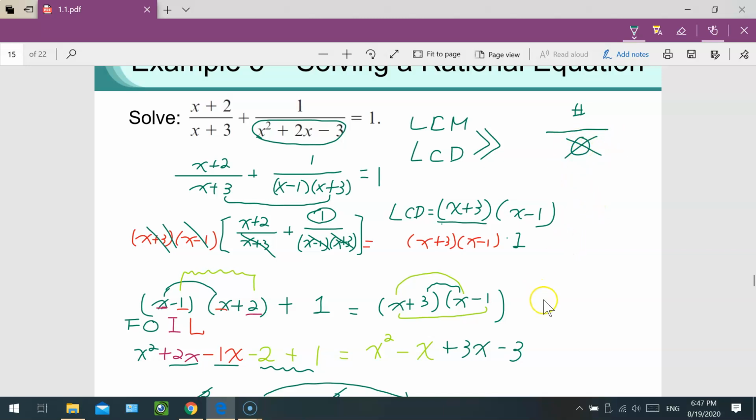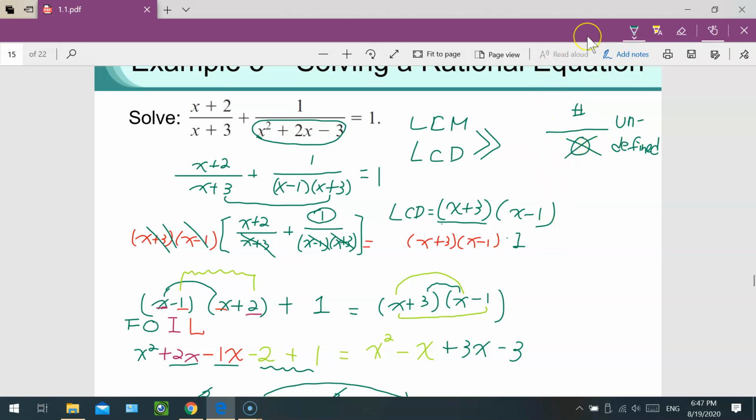If the solution makes your denominator turn to a 0, then you cannot have it, right? Because a number divided by a 0 is undefined. So we don't want it.